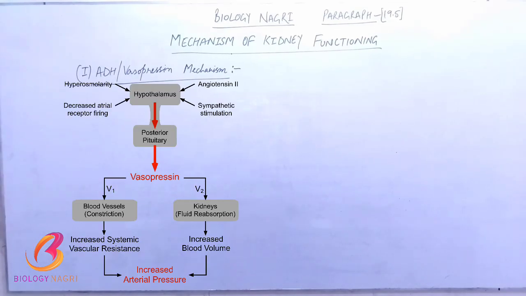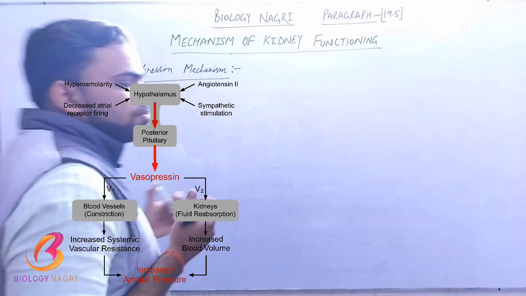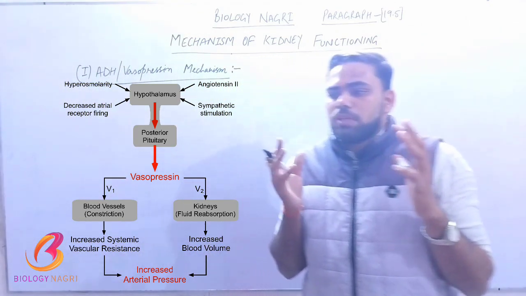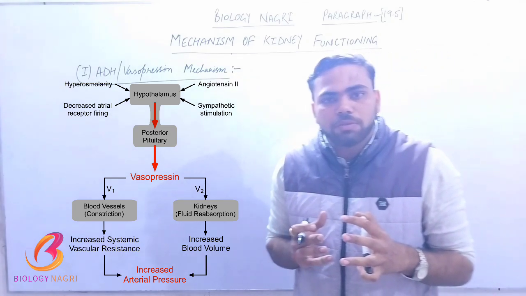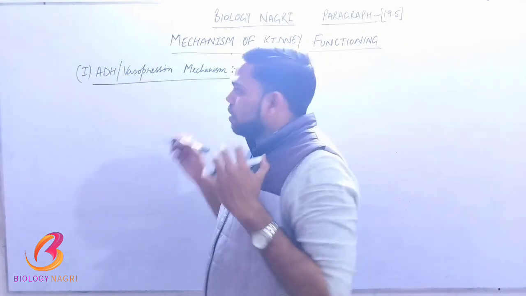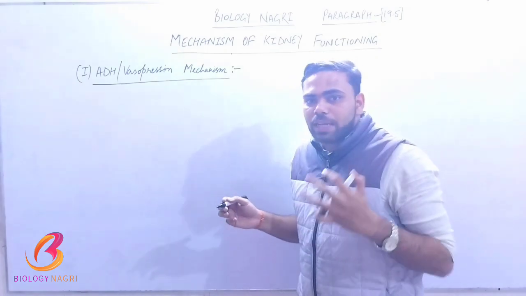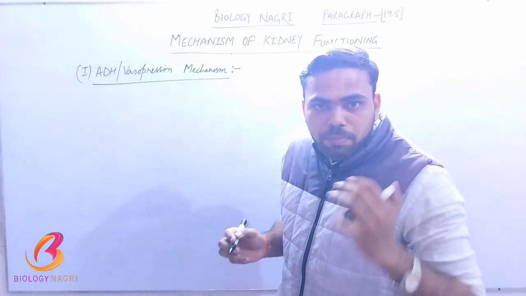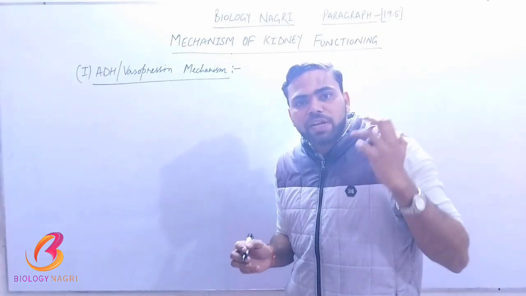Now let's see the first mechanism, the ADH mechanism. ADH is the antidiuretic hormone, also known as vasopressin. This mechanism activates when there is a downfall in blood volume, blood pressure, and filtration rate.